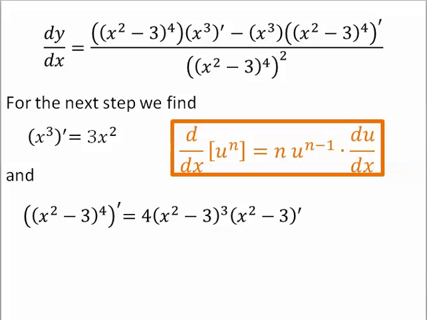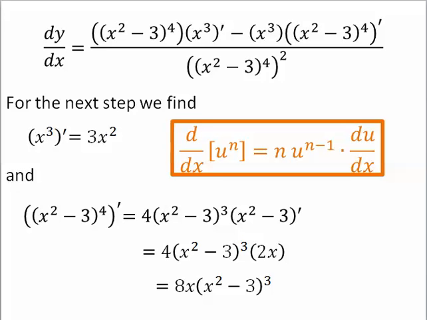Check your work. Bring down the 4. The new exponent is 3. And then we have to find the derivative of what's inside. The derivative of what's inside is just 2x. Put the 2x out in front, and this is what we get.